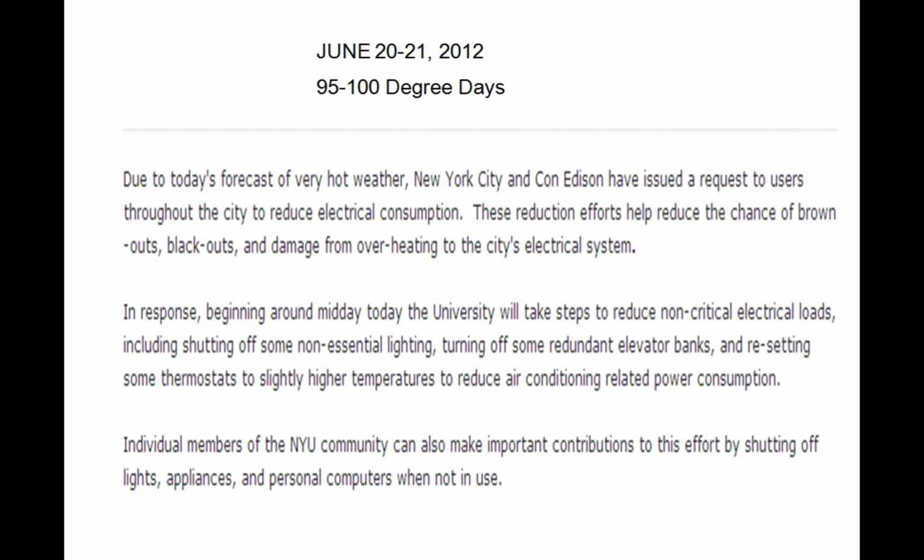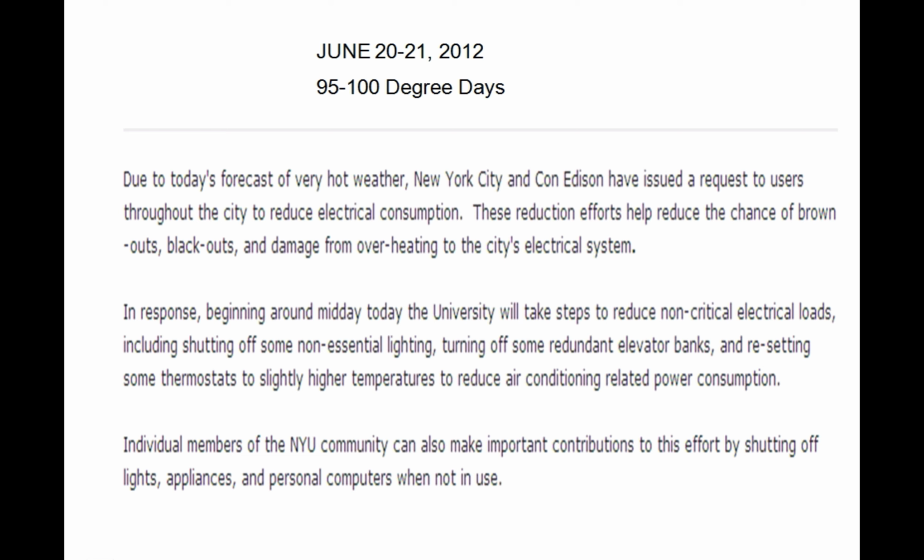So as you know, during the summer, if you're in the city, generally larger buildings will get direction from Con Ed in terms of reducing capacity. Sometimes that includes reducing the number of elevators that are running in a certain bank to conserve, increasing the temperatures on the air conditioning by a couple of degrees so that there's not as heavy a load.